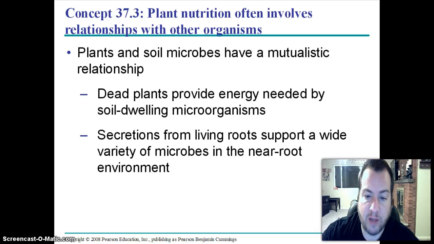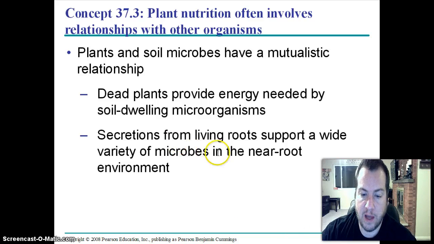So one example, dead plants decompose and the soil-dwelling microorganisms break them down, and those nutrients can be reused by plants. Interestingly enough, there are plants that secrete substances that give nutrients to microbes and allow them to break down that dead matter to make it more available for the plant.